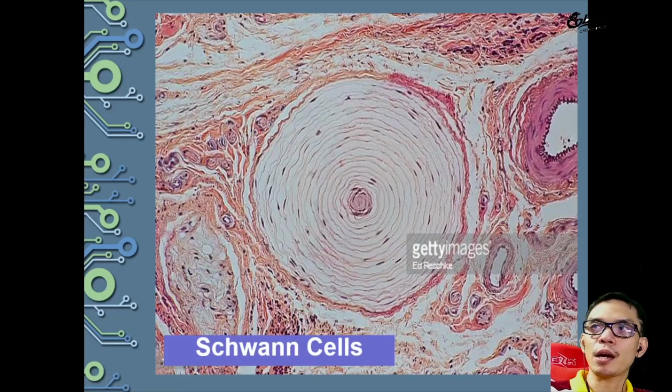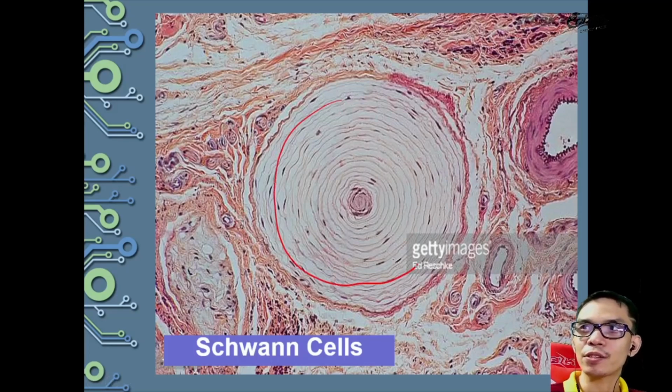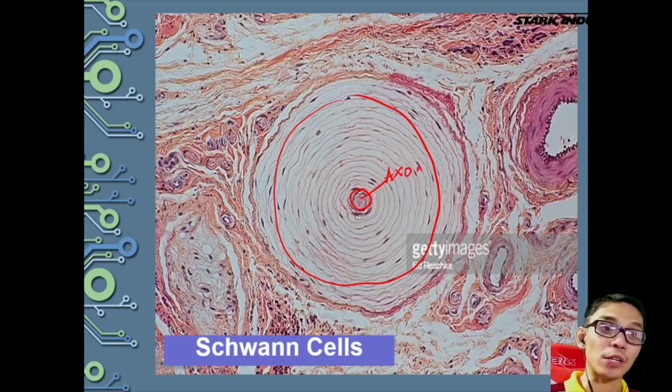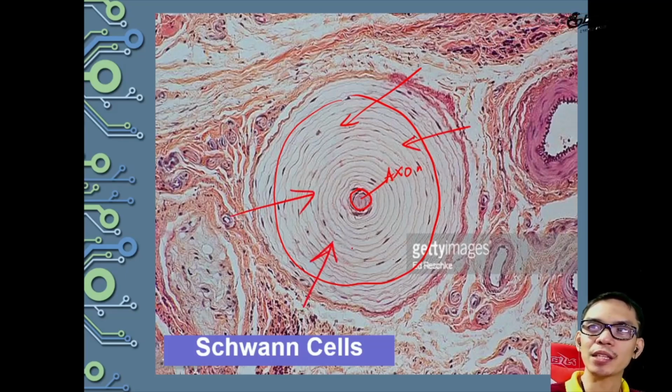Next is the Schwann cells. The Schwann cells are this part, and part of the axon is this one. So this is the axon. As you can see, the Schwann cells are made up of fatty substances that keep the axon insulated.